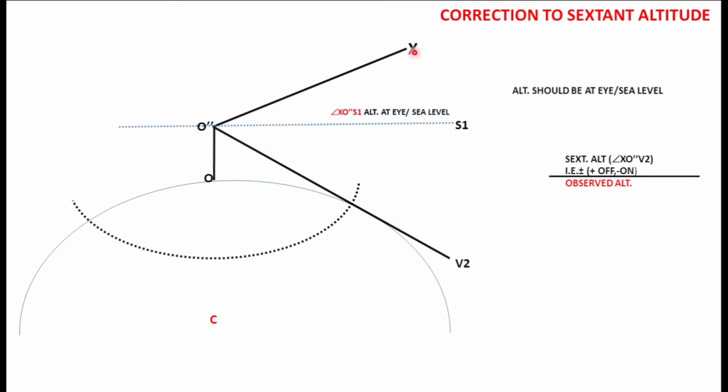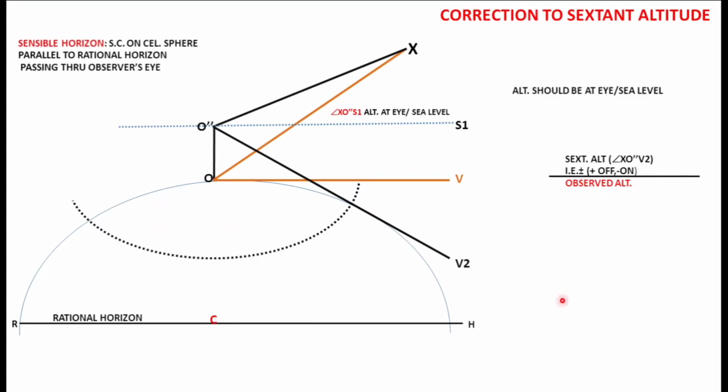So my altitude should be this angle, XO'. Whereas what I observed was this, and it should have been XOB'. S1O' is a small circle which is passing through the eyes of the observer. We call it the sensible horizon, and that is parallel to the rational horizon.